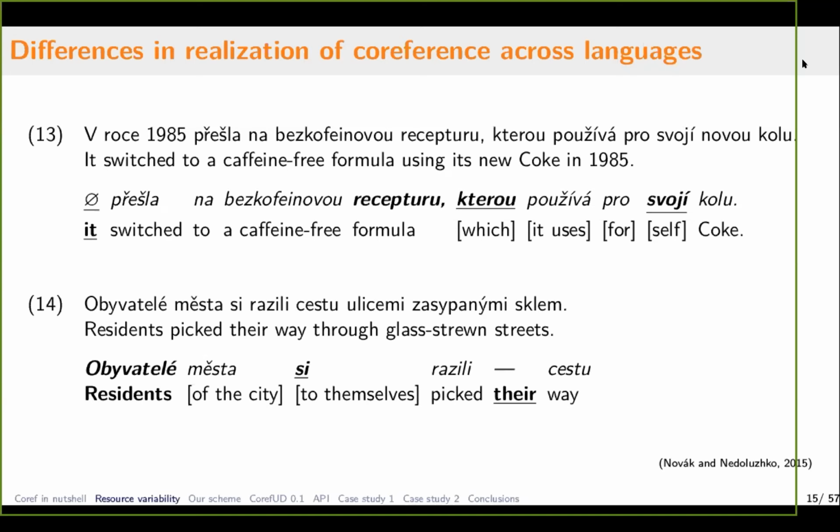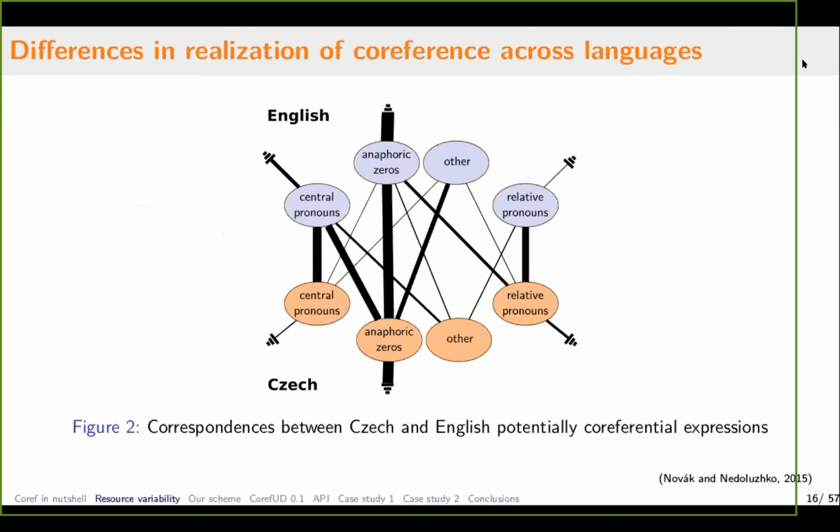So these are examples of another aspect of variety across languages, and these examples are from our study with Anya, which was conducted on PCEDT, the parallel corpus of English and Czech. And this is a schema of correspondences between potentially coreferential expressions. On the top, you can see the English types of expressions.